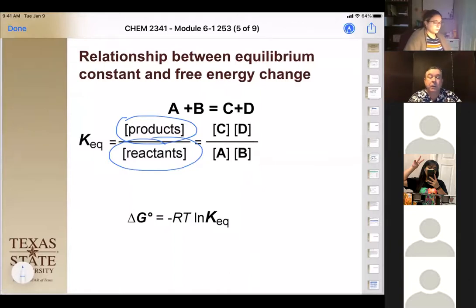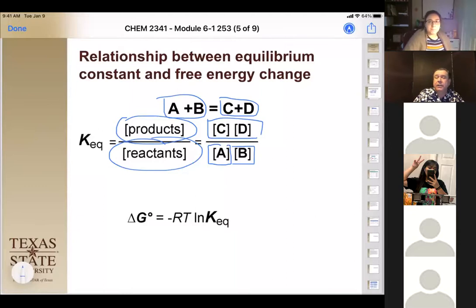In this case, C and D are the products of this reaction. A and B were the starting materials. So it's the concentration of C times the concentration of D divided by the concentration of A times the concentration of B. That gives a measured equilibrium constant.